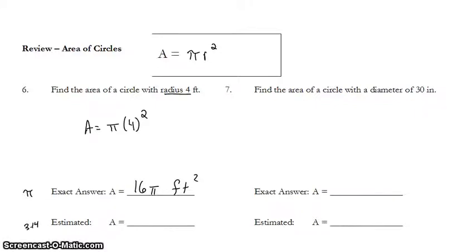I have to give them a specific number. That's why we multiply by 3.14 as an estimate for pi. 16 pi is approximately 50.24 square feet. That's estimated. Exact will have pi. And we'll talk real quick about number 7 in class as well.